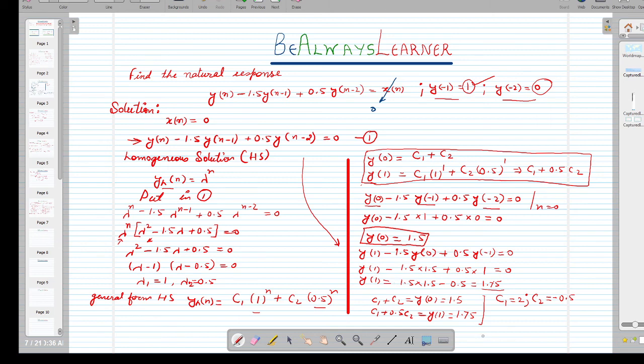Now at the end we have to calculate the natural response, that is denoted by yn, the function of n.